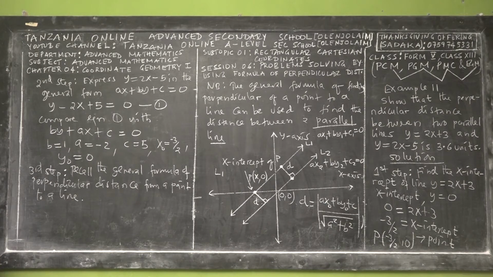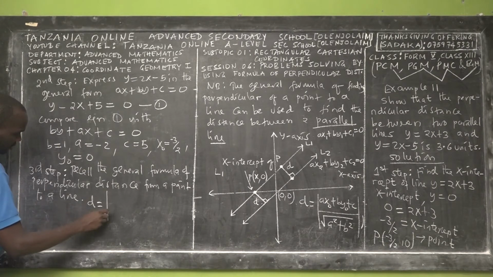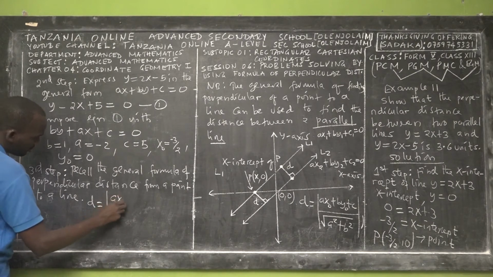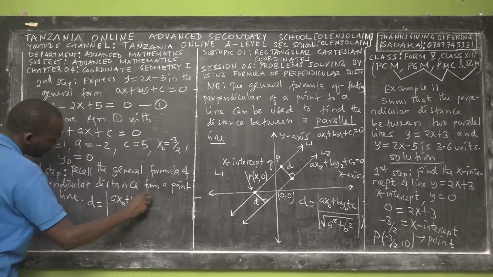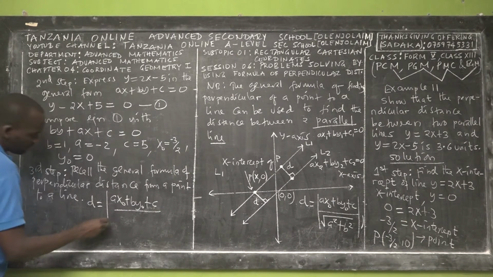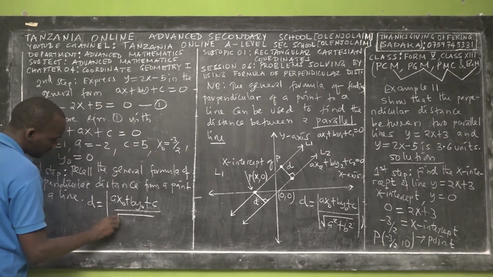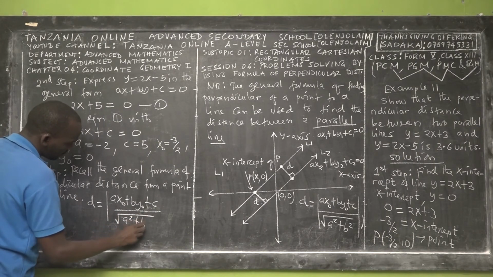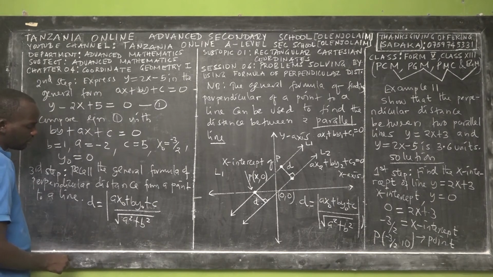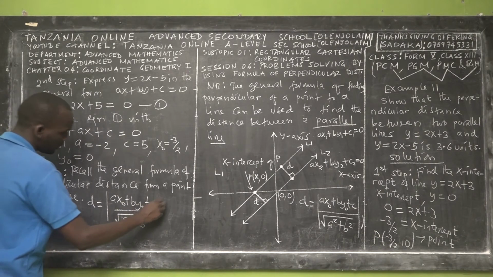Okay, so if that's the case, we say that the perpendicular distance is equal to the absolute value of a x naught plus b y naught plus c, over the square root of a squared plus b squared.